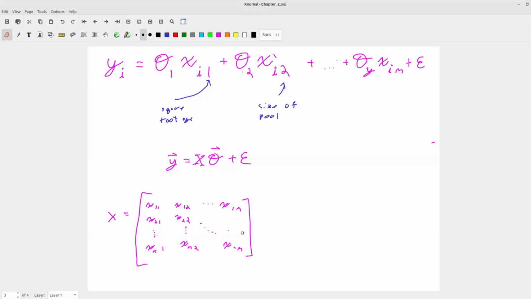And that is all of our data for all of our features, for multiple instances, for multiple i's, and for multiple features. So size of your pool, your screened-in porch, the number of fireplaces, all of that.